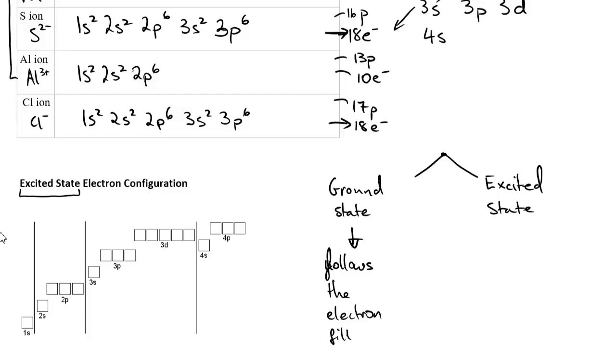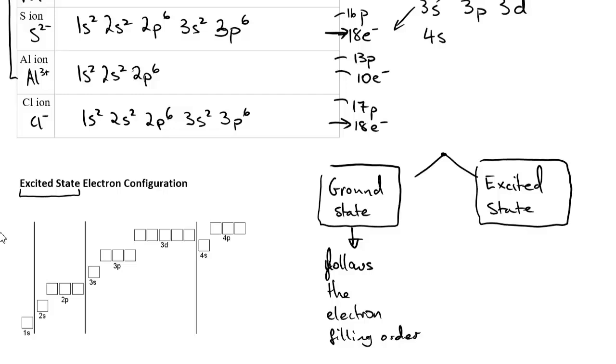So it's just the normal behavior of the way in which electrons should fill in the shells. Now the excited state occurs when there's external energy.